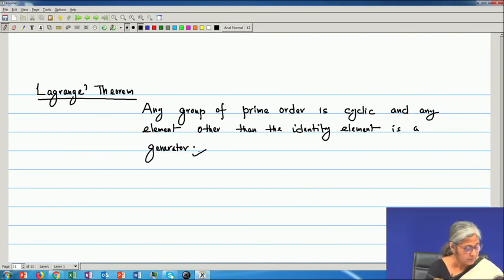Another thing is that it also forms an abelian group, that is, it also follows commutativity. That means it is always an abelian group.